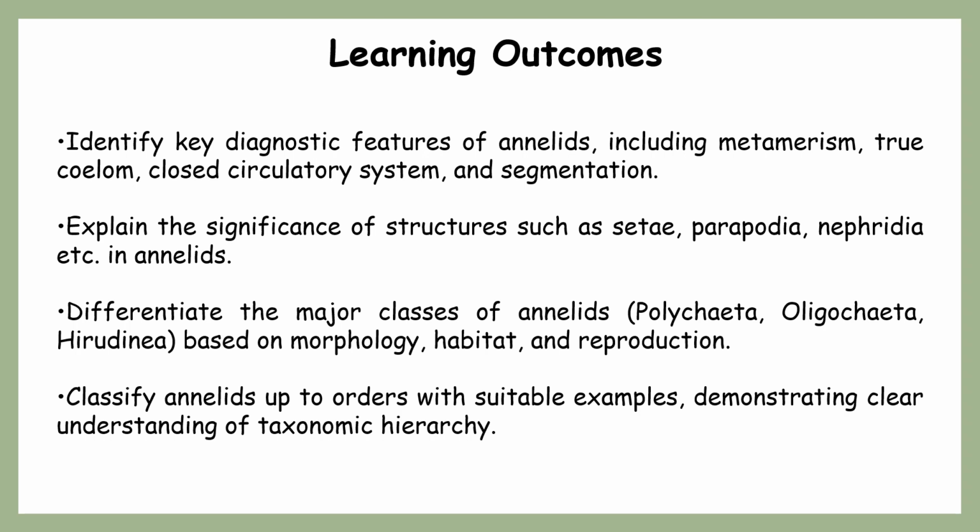You will be able to differentiate the major classes of annelids, like Polychaeta, Oligochaeta, Hirudinea, etc., based on the morphology, habitat and mode of reproduction. You will be able to classify annelids up to orders with suitable examples, demonstrating clear understanding of taxonomic hierarchy.